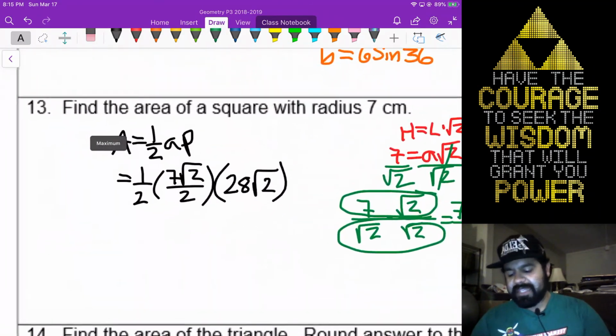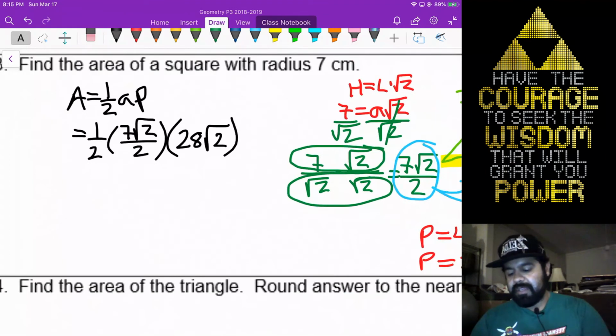Alright, so then I'm going to go back to this. And what we're going to do now is a little bit of math here. I don't really want to do too much calculation, so I'm going to take this 28 and reduce it with this 2. That's going to give me a 14 and a 1 down there.